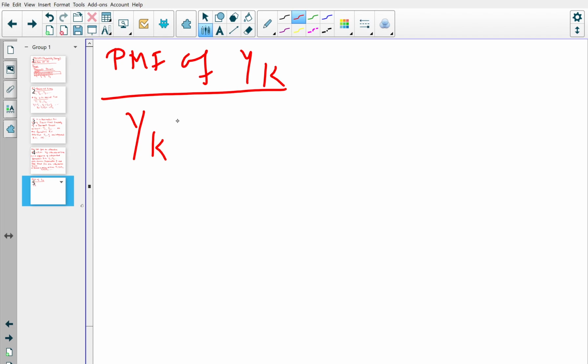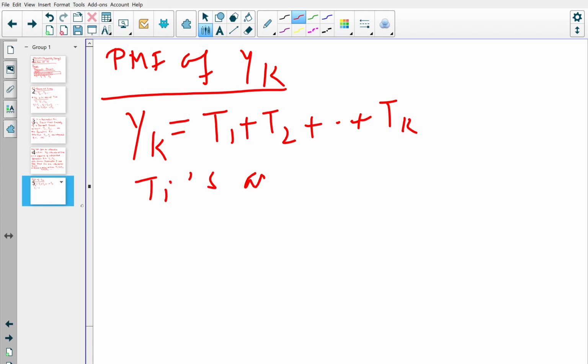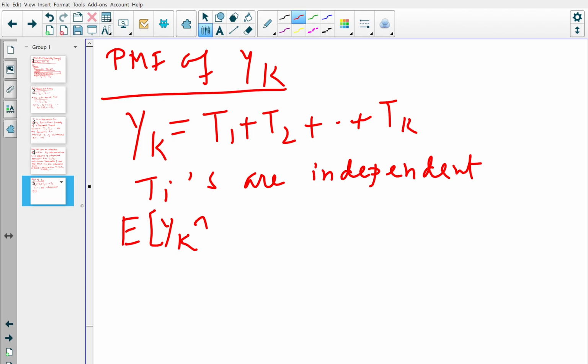If you have the kth arrival, it is nothing but the sum of T1, T2, up to Tk. And all those Ti's are independent, so we can easily find the expected value of Yk.